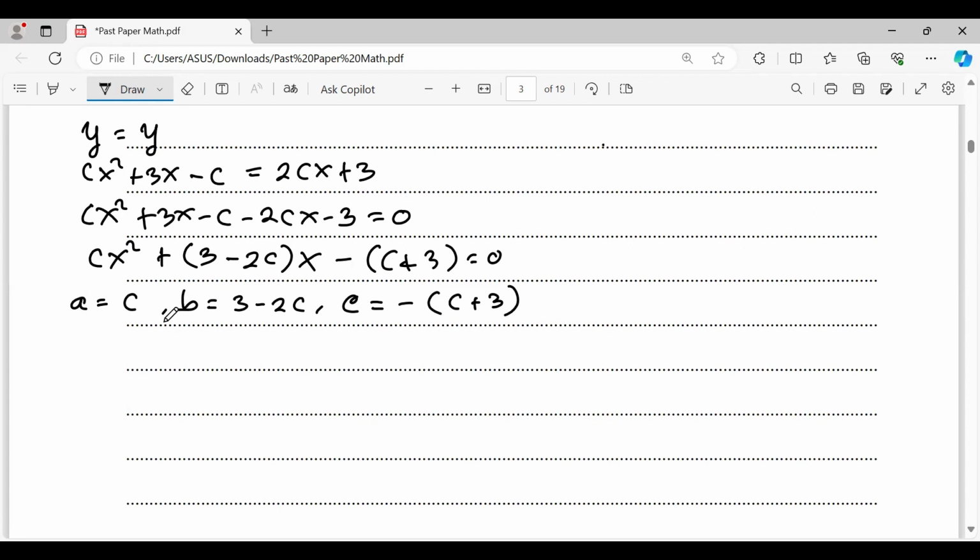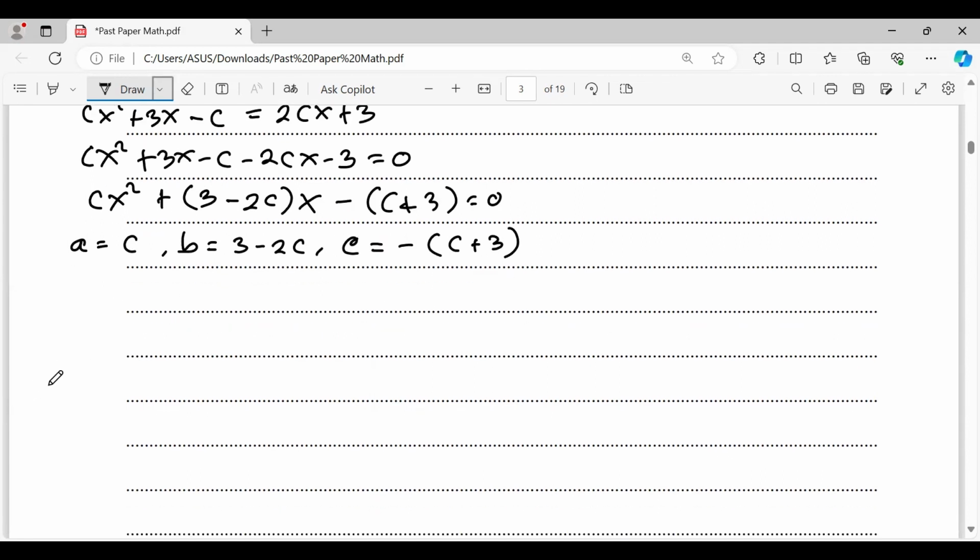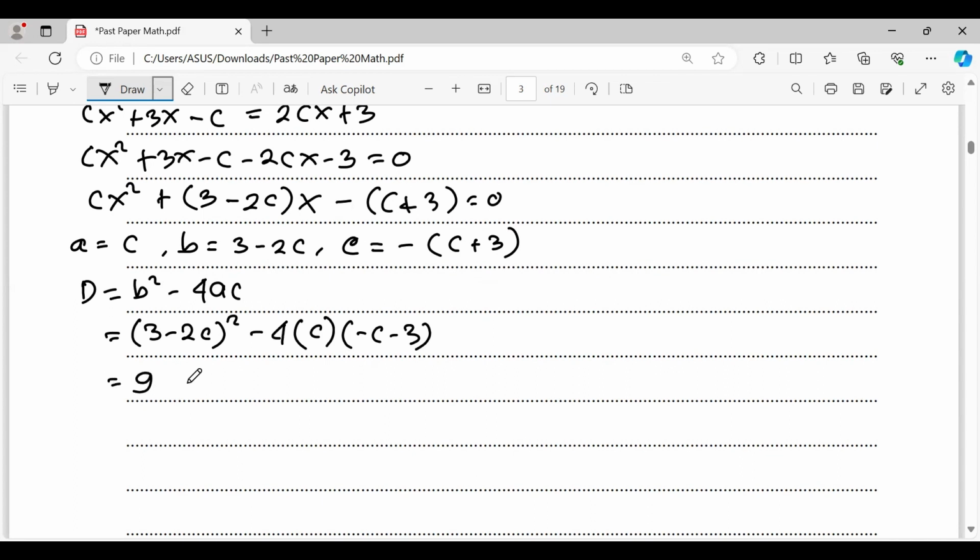Right. We're going to find the discriminant. The discriminant formula is b squared minus 4ac. So it's going to be (3 minus 2c) squared minus 4 times c times (minus c minus 3). This is 9 minus 12c plus 4c squared.